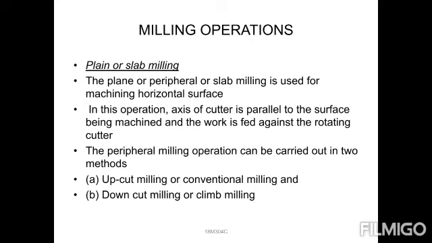The milling cutter consists of a number of sharp edged teeth. Already we discussed plain cutters. In the plain cutters, the slab cutter has the maximum number of cutting teeth, so we can call it a slab cutter also. That is the main thing.